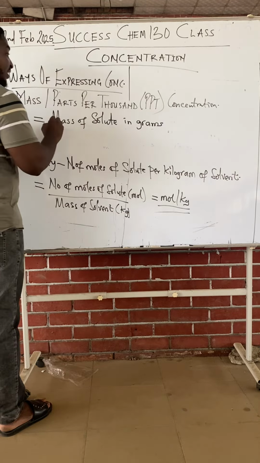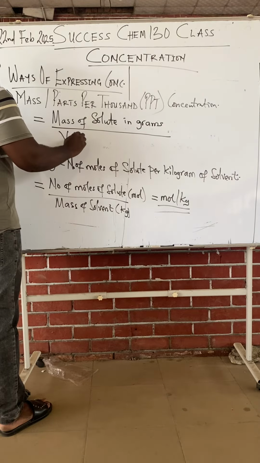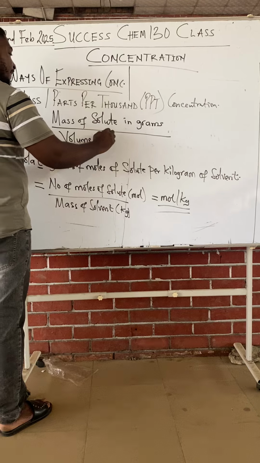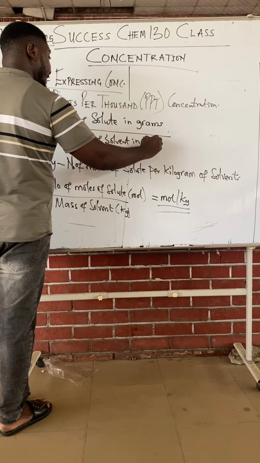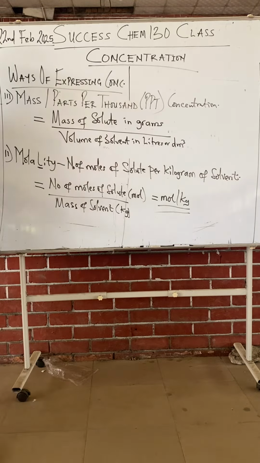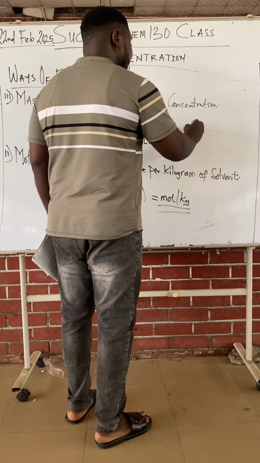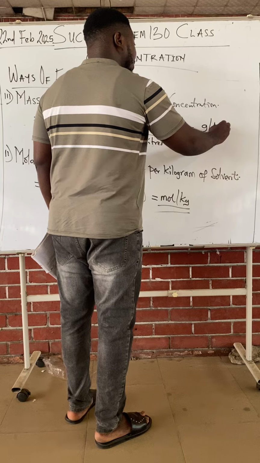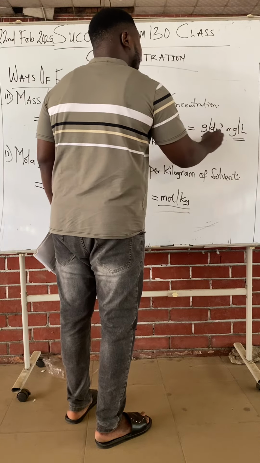Okay. Mass of solute in grams all over volume of solvent in liters or dm cube. So the unit will therefore be gram per dm cube or gram per liter.